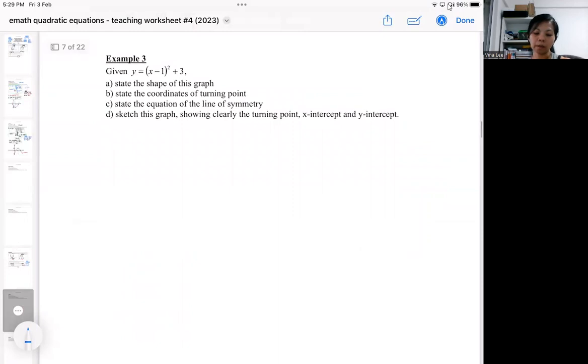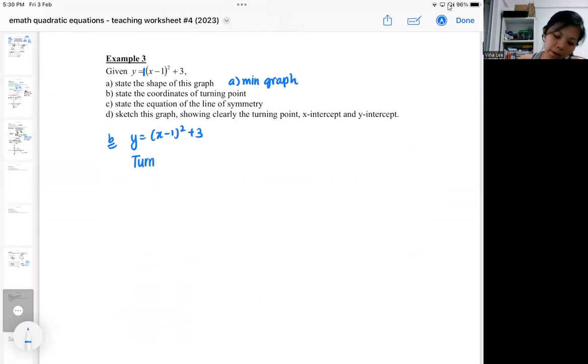First example: it is a smile graph here, so it is a minimum graph. From the completed square format, we are supposed to tell the turning point directly. How do you tell it directly? This will be the y coordinate.